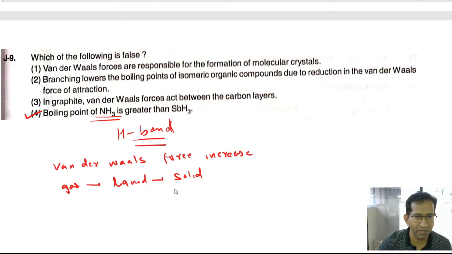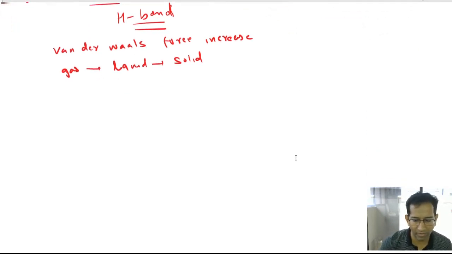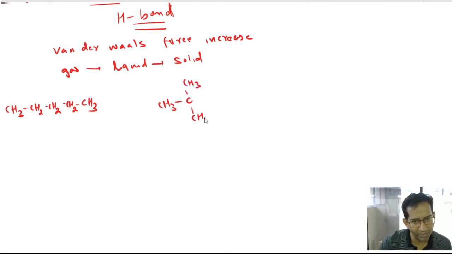Branching lowers the boiling point. Let's take one example, pentane, CH3 and so on, and let me take neopentane. This neopentane molecule is smaller and has more branches.